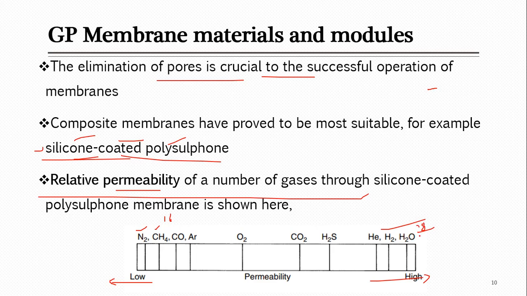I'm not sure about their diameters, but if you find the diameters of water and CH4, you can see that with a porous membrane it will be difficult to separate these because they are quite close. But with a non-porous membrane they can be easily separated because they have different diffusivities and different permeability through the membrane.